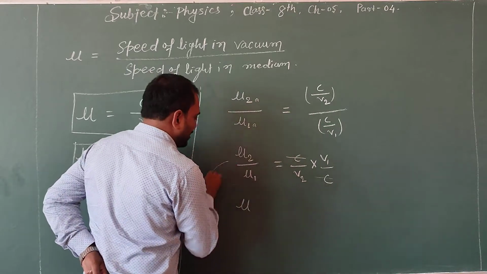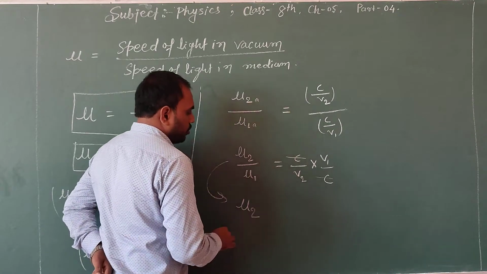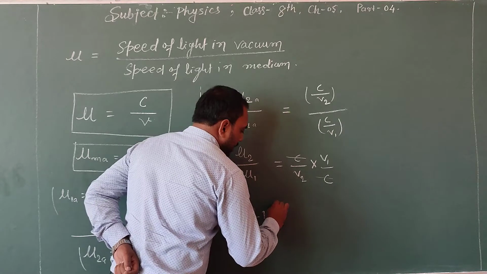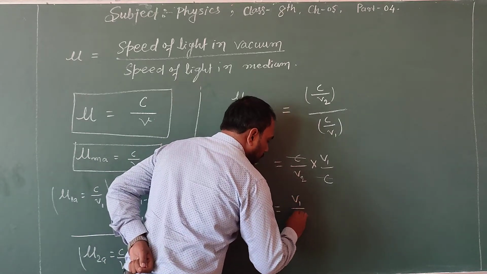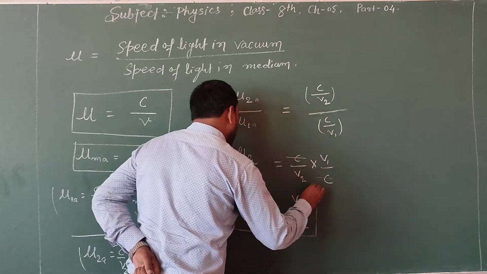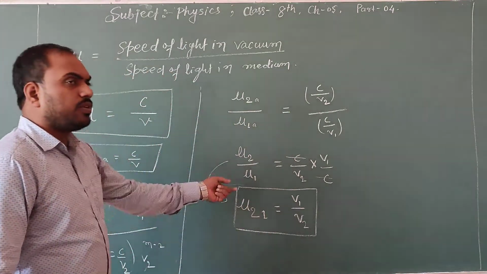This can be written as: the refractive index of medium 2 with respect to medium 1 is equal to V1 upon V2. Why V1 upon V2? Why not V2 upon V1?